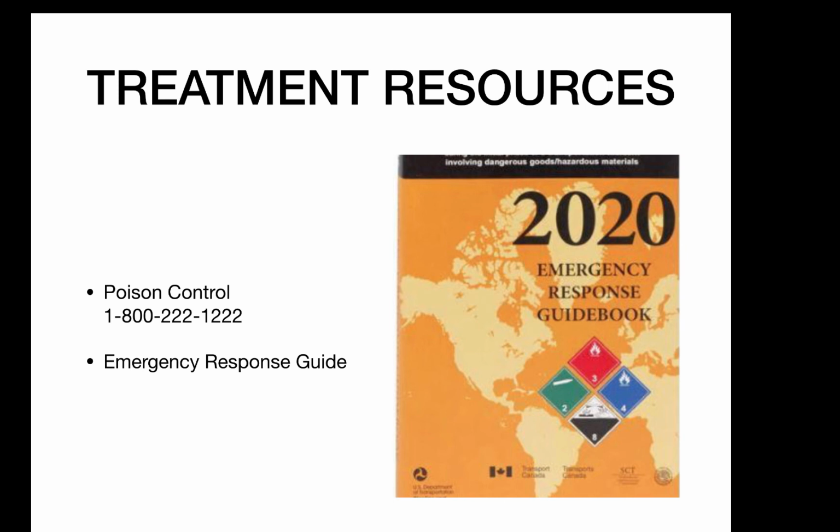Additionally, fire departments, hazmat teams, even auto parts stores, and particularly industrial settings, will have the MSDS sheets, which should give you a good idea about what the chemical is, what it does, and the ways to mitigate the effects of exposure or contamination.